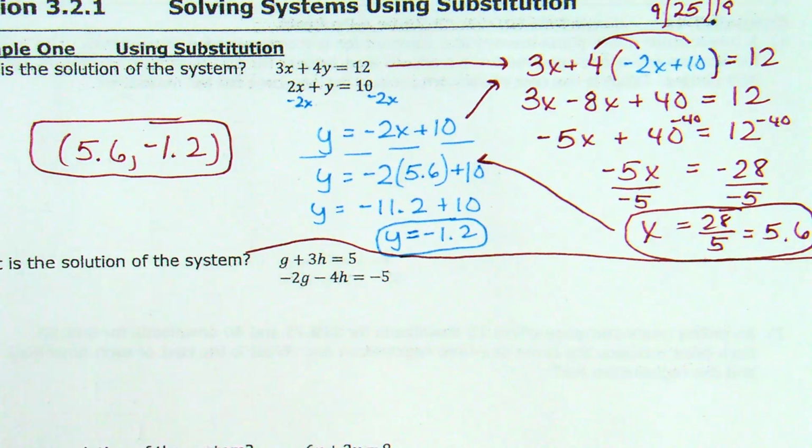G plus 3h equals 5, negative 2G minus 4h equals negative 5. Nothing wrong with a lot of negatives. What's your first thoughts on this problem? Some of you are bugged by G and H?